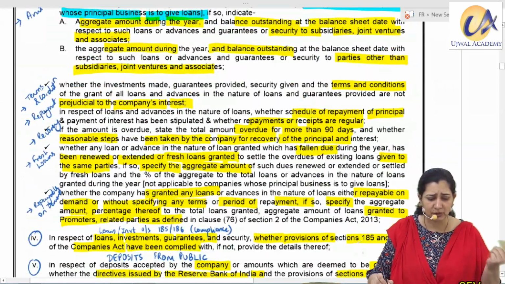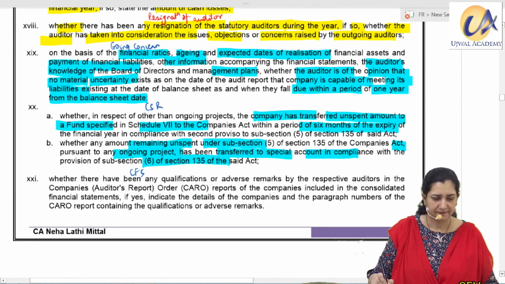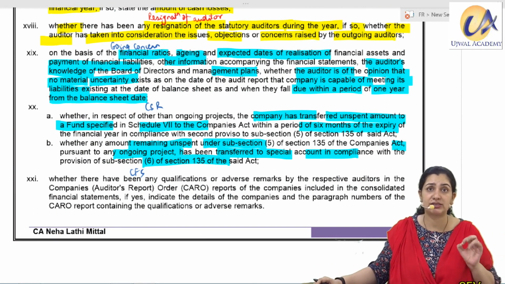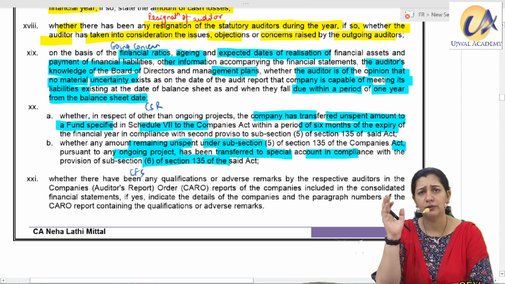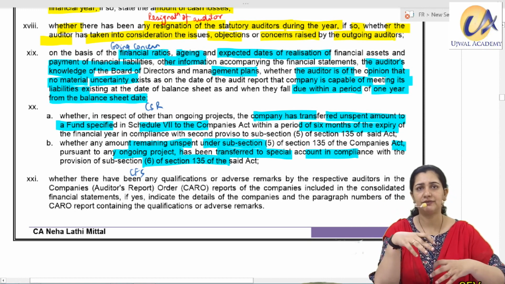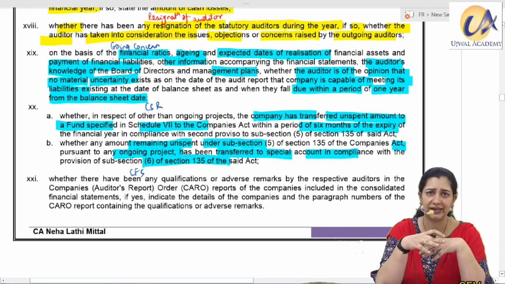So what is this clause about? Let us see. Only this part applies, and we have to see CFS for this particular clause only. So in CFS, when we are doing the audit of CFS, remember we have done consolidation of our company plus subsidiaries, associates, joint ventures, right?